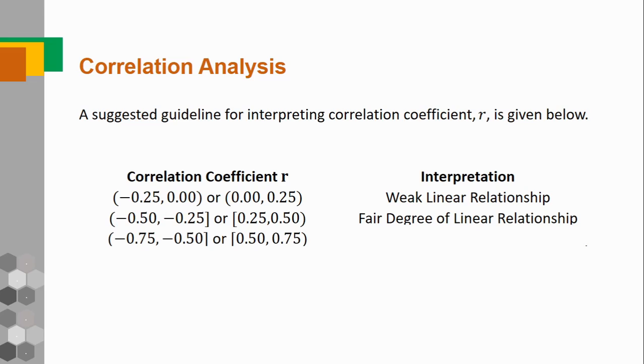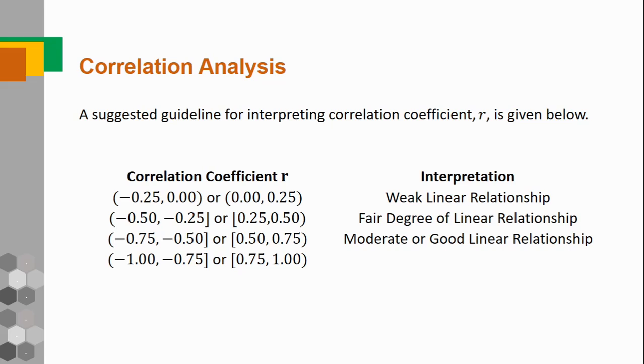And if R falls between -0.75 to -0.5 or 0.5 to positive 0.75, x and y have a moderate or good linear relationship. And lastly, if R is between -1 to -0.75 or positive 0.75 to positive 1, then the two variables have a strong linear relationship.